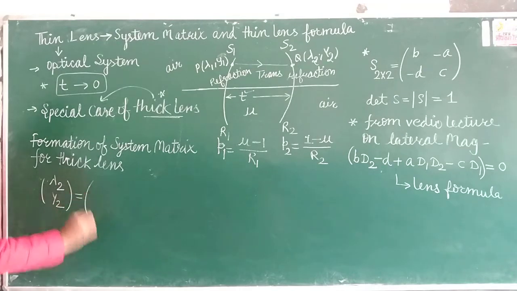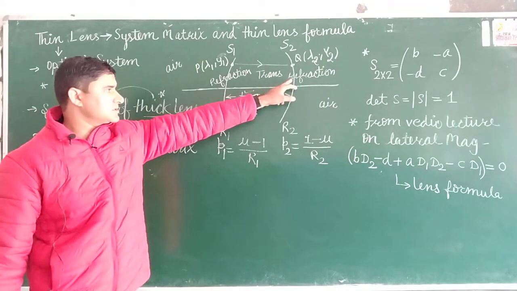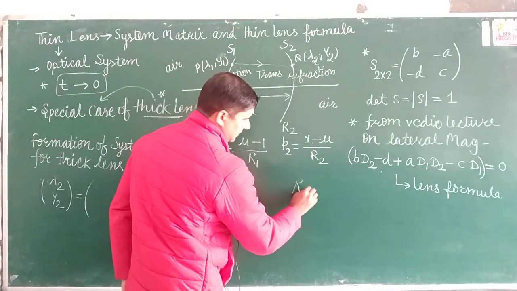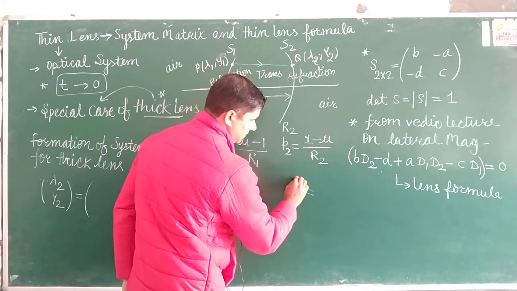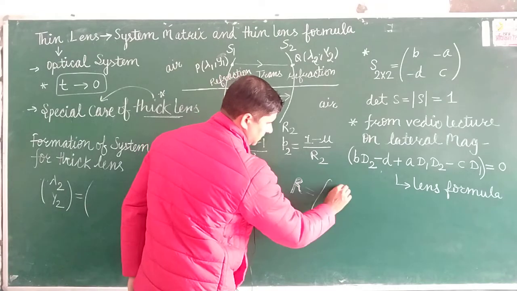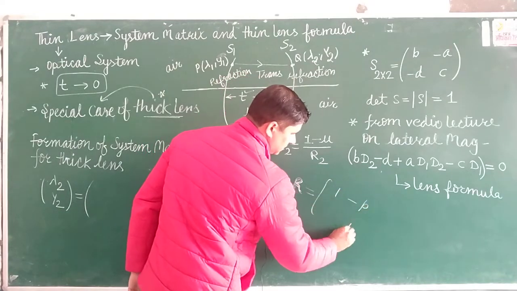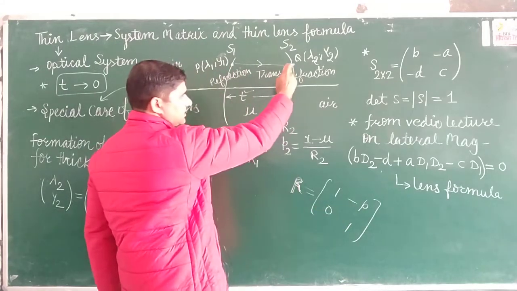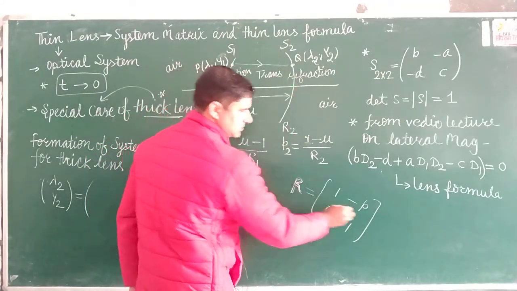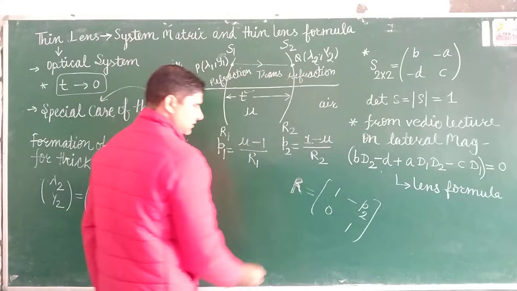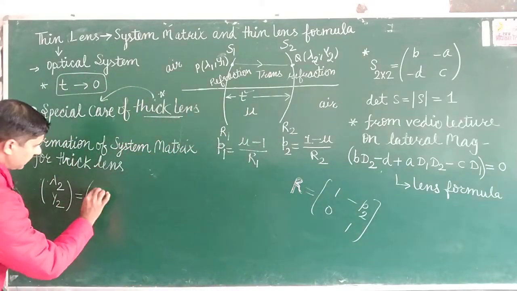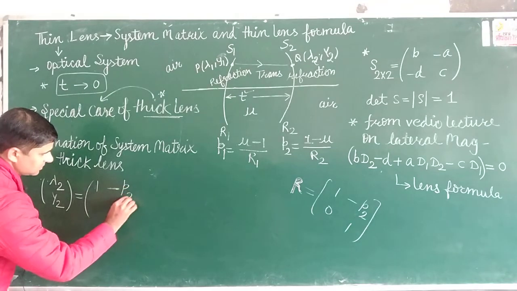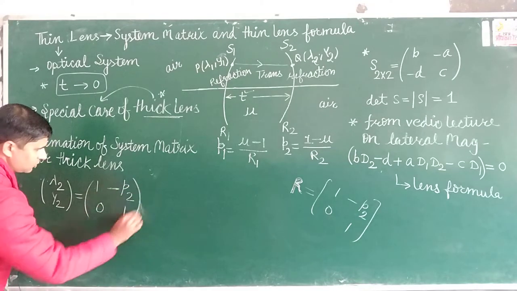and equal to, you see here is refraction. So the refraction matrix is represented by R, and it is written like 1 minus P 1 0. So here P is power, and at this surface the power is P2. So you will write this, and it is 1 minus P2 1 and 0.